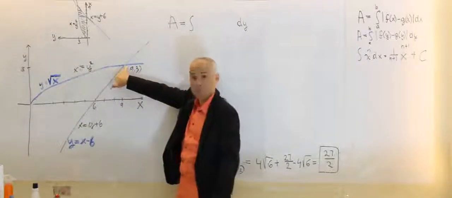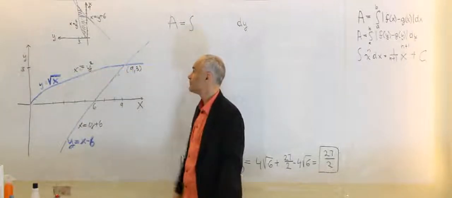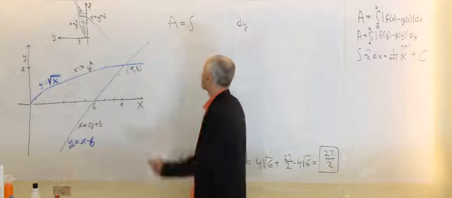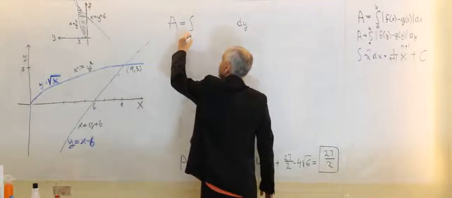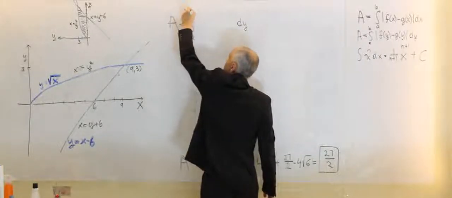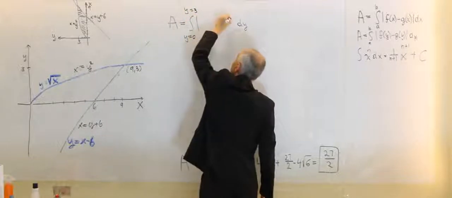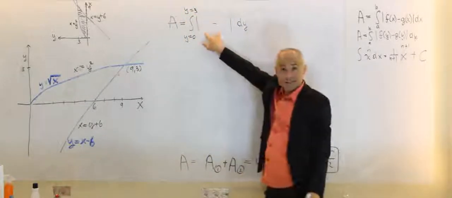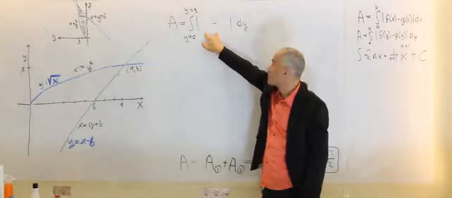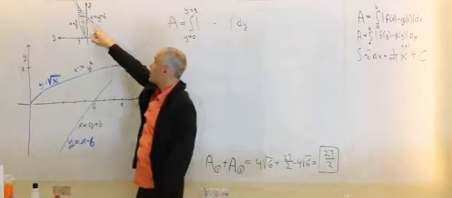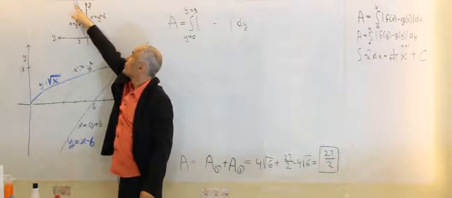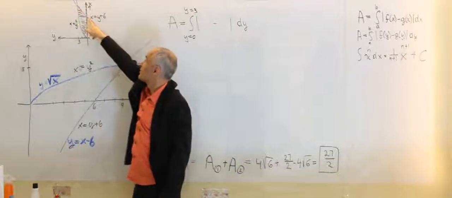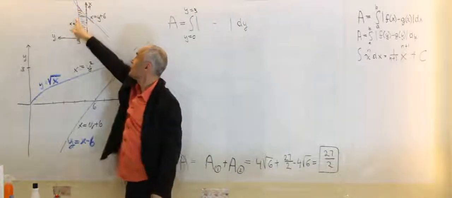Because the coordinates at this point are 9 and 3. And then the integrand is the difference of two functions of y, which are y plus 6 and y squared.